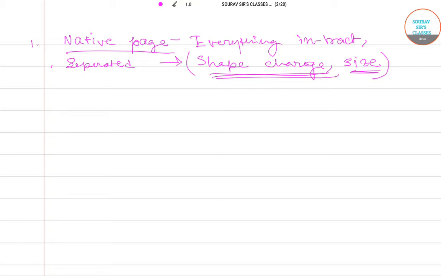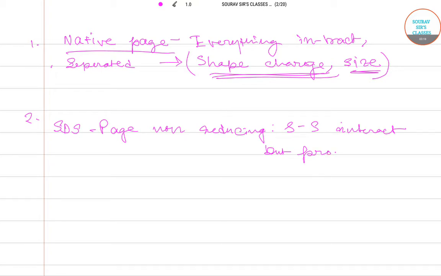Okay, so in the next point, what is non-reducing SDS PAGE? These are the little bits of information that we should know to solve this question. In non-reducing SDS PAGE, the disulfide bonds or bridges stay intact, but the protein is denatured.